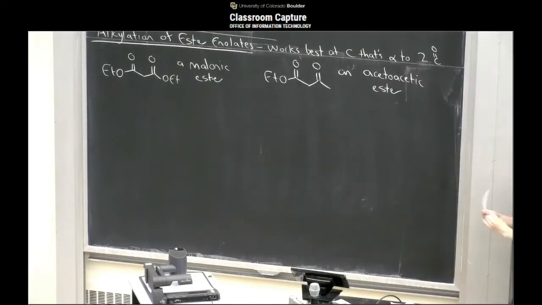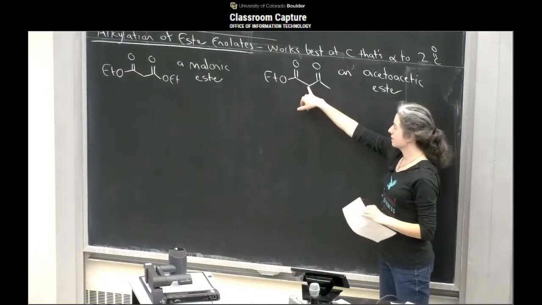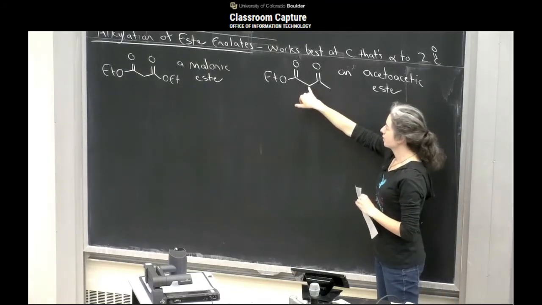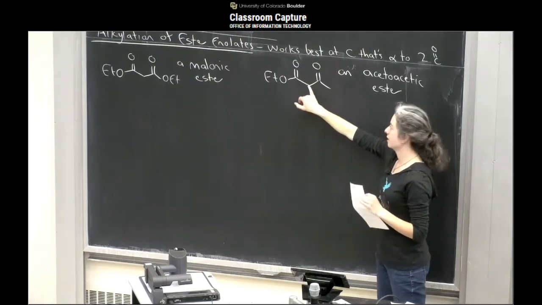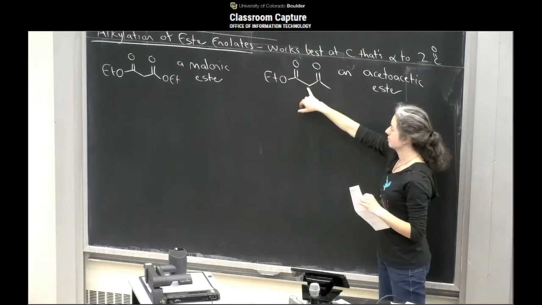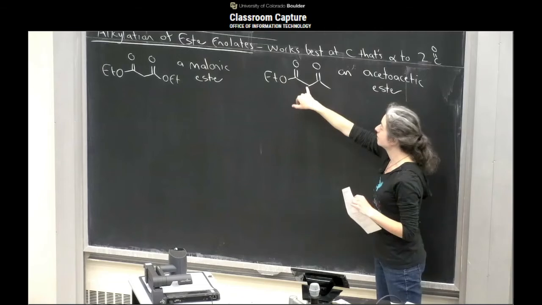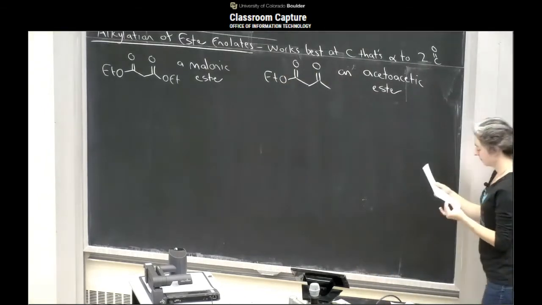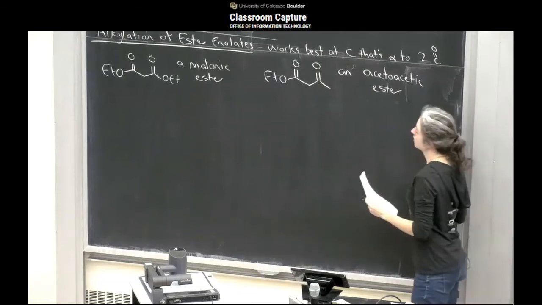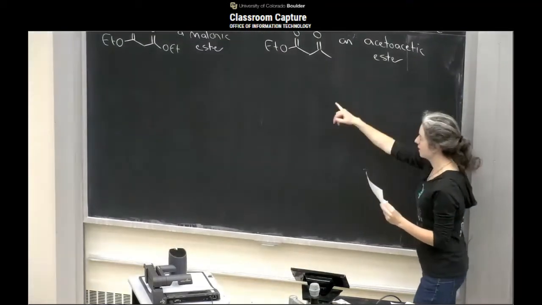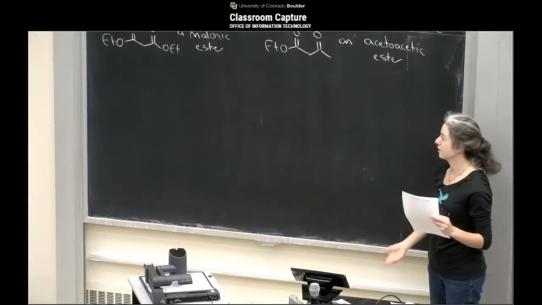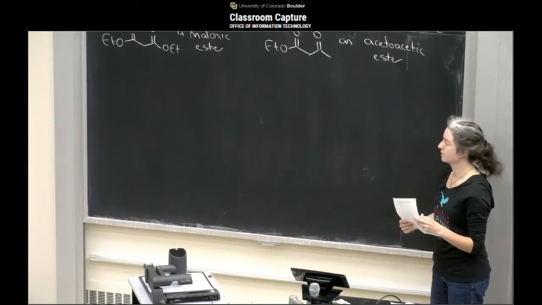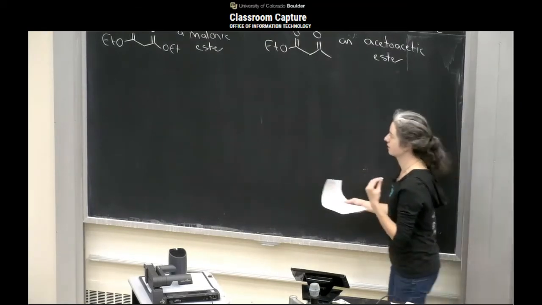The important part is both of them have this same carbon in the middle that if you deprotonate it, you're going to have three different places to put that negative charge. You could put it on the carbon, which is the least stable out of the three options, or you could bump it up to the left oxygen or onto the right oxygen. Now we're going to put this in a base, and just like we did for Claisen and Dieckmann, we're going to use the same base that matches the ester part of the molecule so that we don't accidentally do a transesterification.